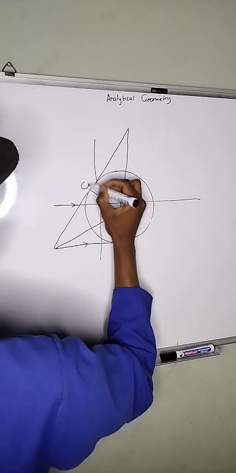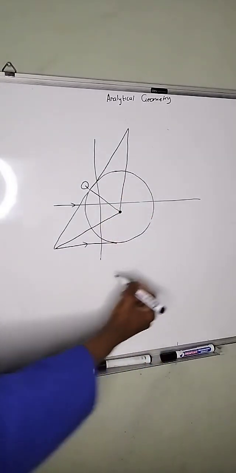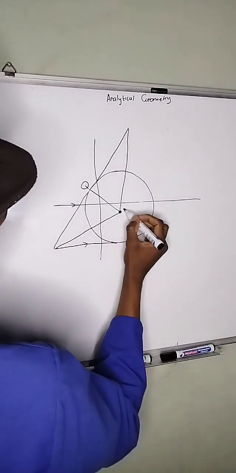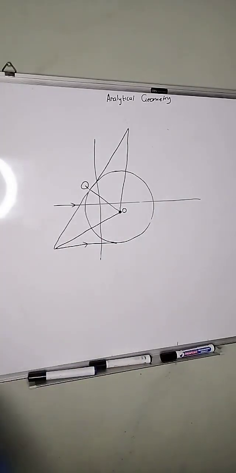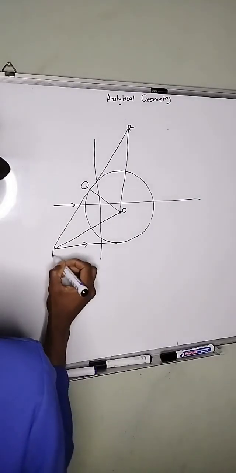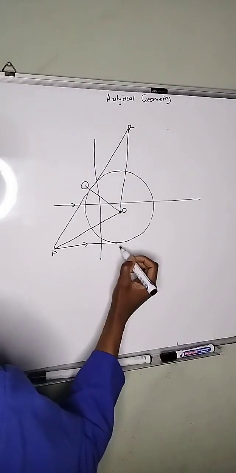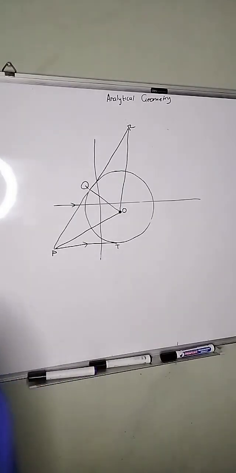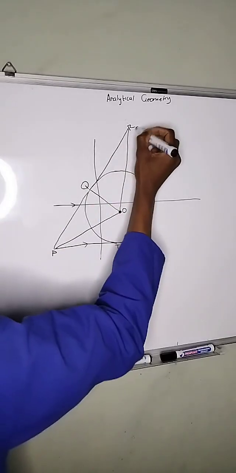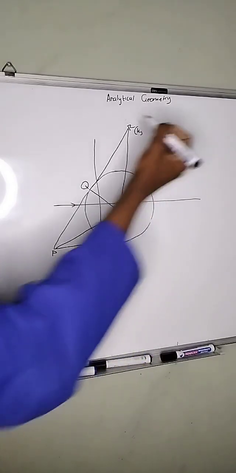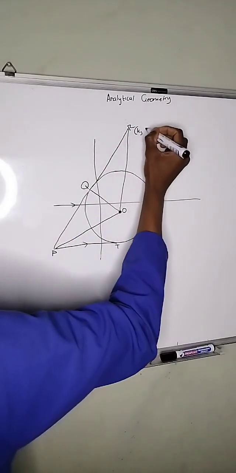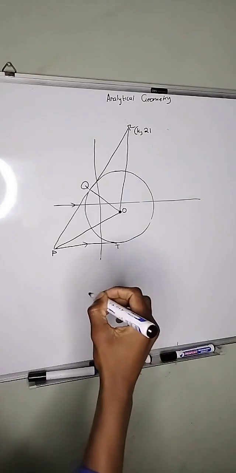This is Q. This is O. This is R. This is P. And this is T. And this is K, which is 2, 1.